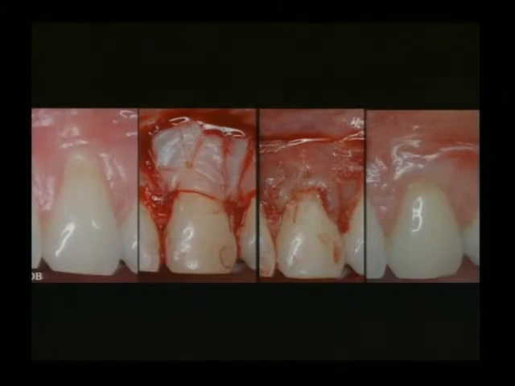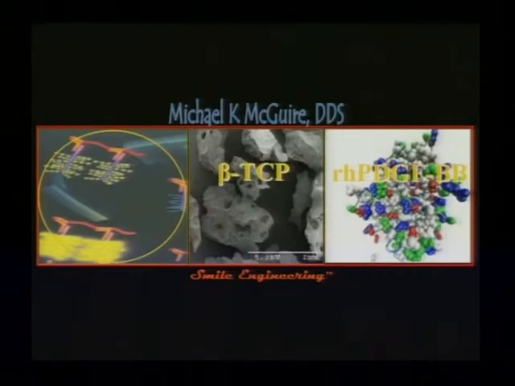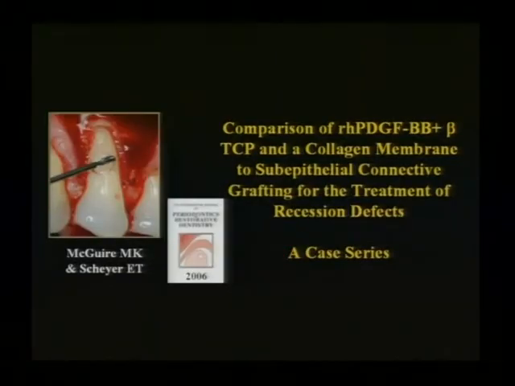root coverage as well. Let's move now on the tissue engineering spectrum, leave the live cell end and move over to the biologically active molecule end and spend the rest of my time talking about platelet-derived growth factor and beta-TCP. We published a paper in 2006 in the International Journal because we were one of the sites in the pivotal trial for PDGF in the interbony defects, and I was really impressed with the results of that.